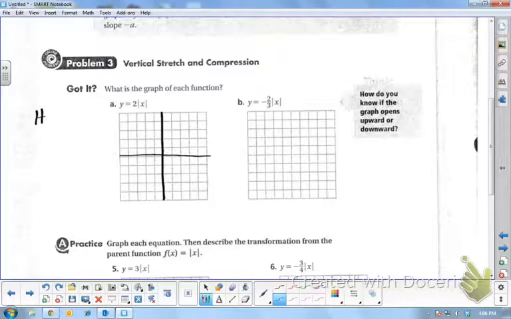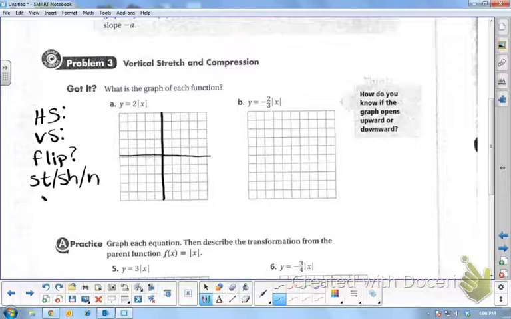We have our horizontal shift, vertical shift, whether we flip or not, stretch, shrink, or neither, axis of symmetry, our vertex, and then we will need to be able to figure out our slope pattern as well so that we can graph this completely.